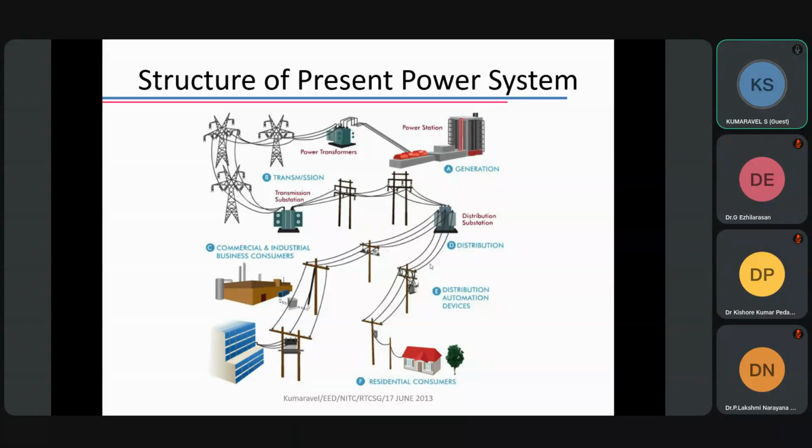You all know the changes that happened on the load side. The conventional incandescent lamp was replaced by LED lamps. It is a DC load. The induction motor is replaced by the BLDC motor, again a DC load. Drives are solid state, moving to PMSM and BLDC.